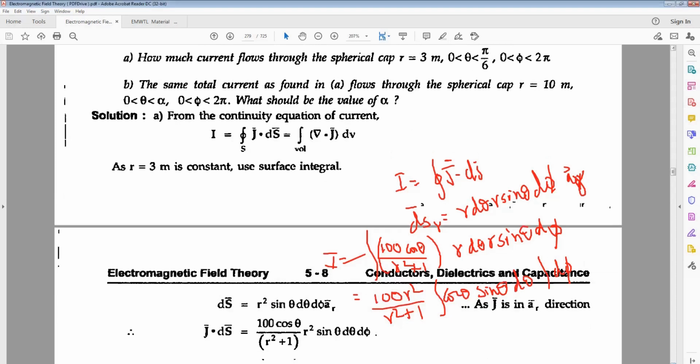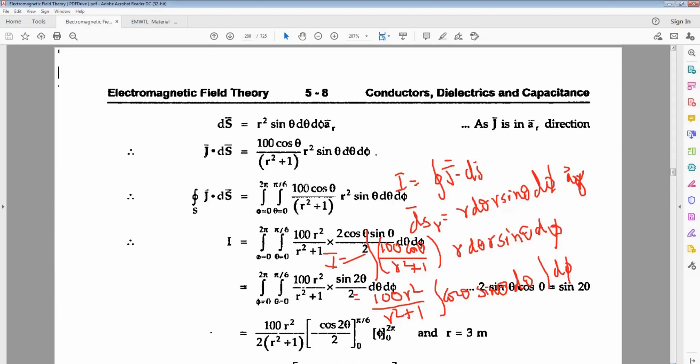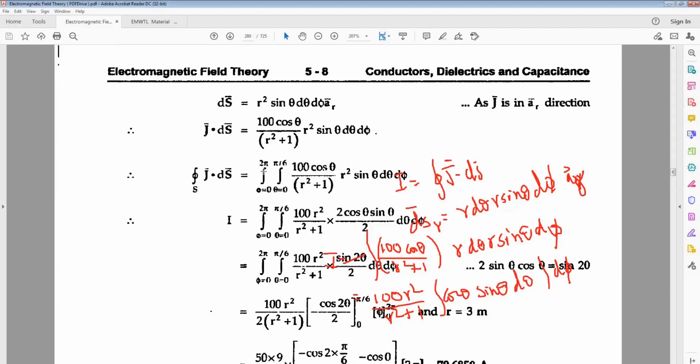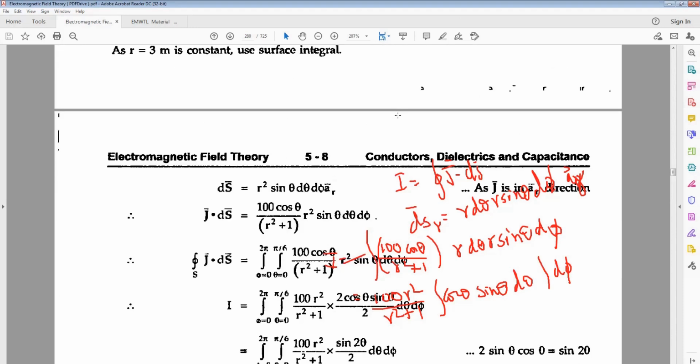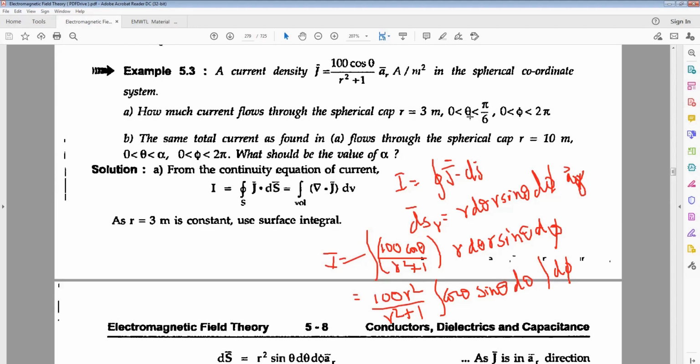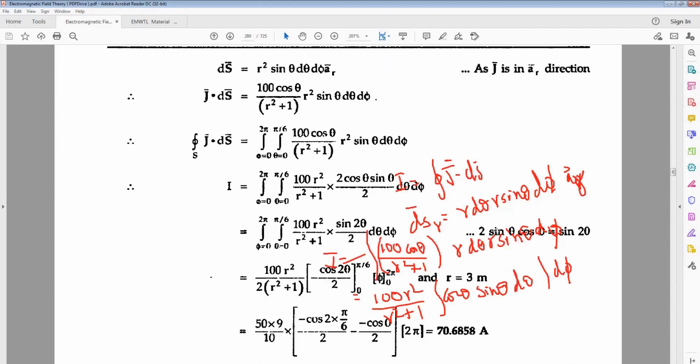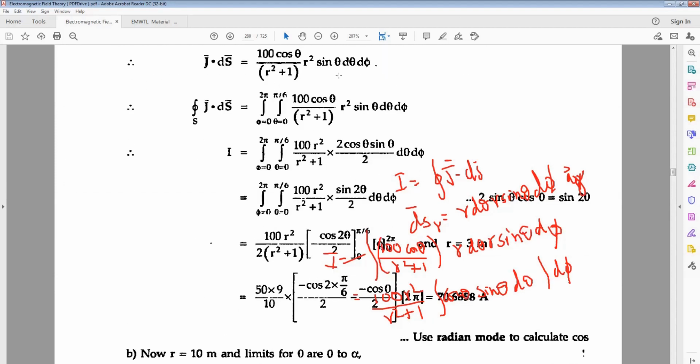Now for cos theta and sin theta, theta is given from 0 to pi by 6, and phi varies from 0 to 2 pi.